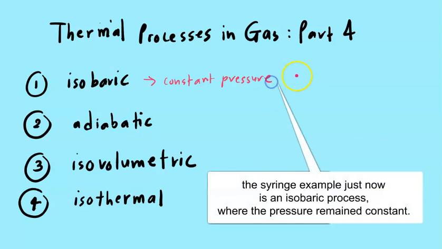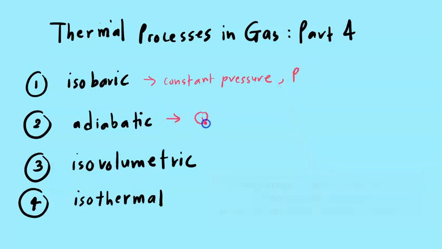And what does adiabatic mean? Adiabatic means your heat energy Q is equal to 0, which means that no heat energy is released or absorbed by the gas system. And number 3, isovolumetric: you have the word volume here, so it means V is constant.